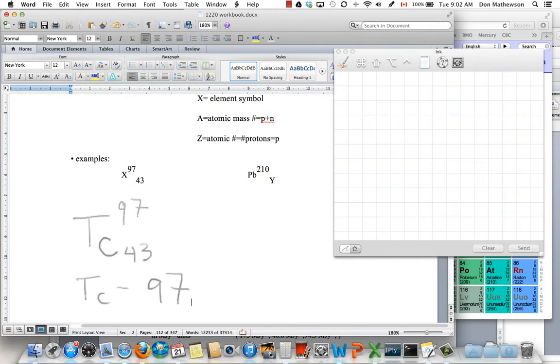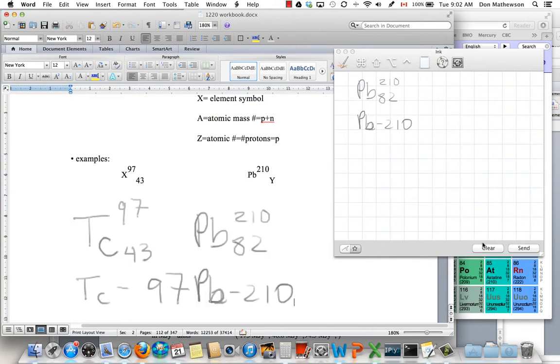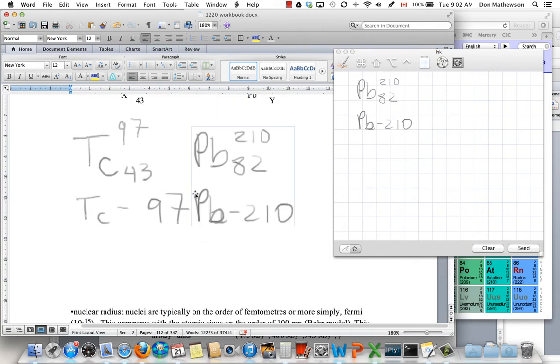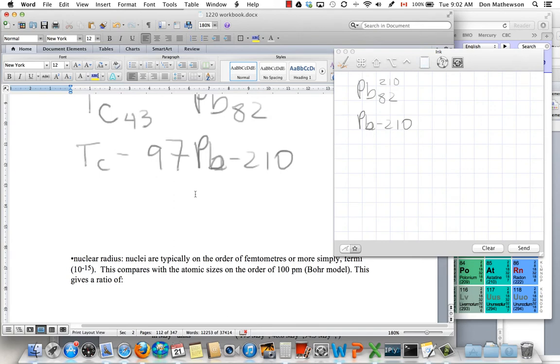So back here we know that this one has got to be lead 210, 82 atomic number, or just lead 210, because lead automatically implies 82 atomic number. Okay, so that's the notation.